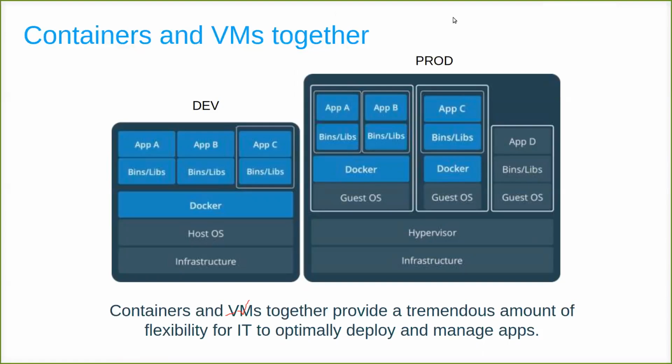Let's say this is the production environment and this is the dev environment. We can easily deploy the production and dev environments and isolate each environment from the other. The dev environment will be isolated from the production environment.